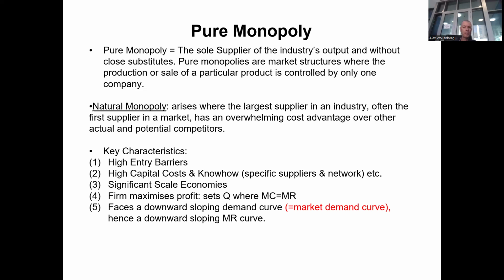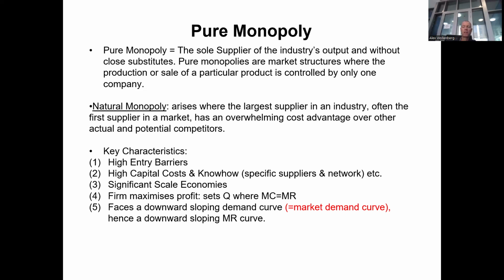Before we go into that, let me sum up a few of the key characteristics that apply to monopolies. Number one, there are high entry barriers. Unlike perfect competition, where we had low or no entry barriers, monopolies tend to be characterized by high entry barriers.